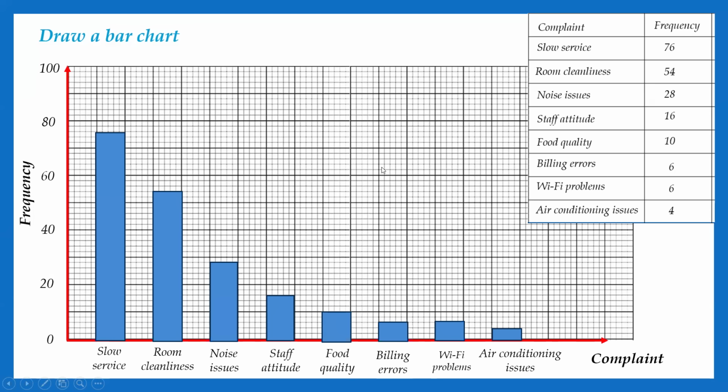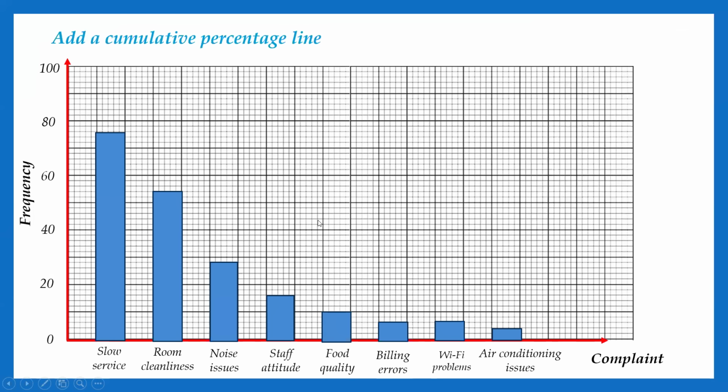Then we have to add the cumulative line. I create the secondary y-axis showing the cumulative percentages: 0%, 20, 40, 60 and so on.